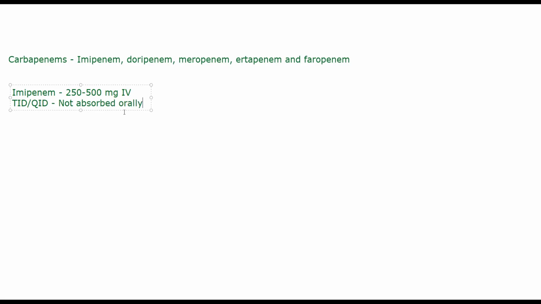Another problem with imipenem is that in circulation, whenever it comes across renal tissue, your renal tubules will produce one particular type of enzyme. That enzyme is called dehydropeptidase. Whenever this enzyme is secreted, imipenem gets inactivated. Normally in your body itself, there is an enzyme called dehydropeptidase that is produced by renal tubules.